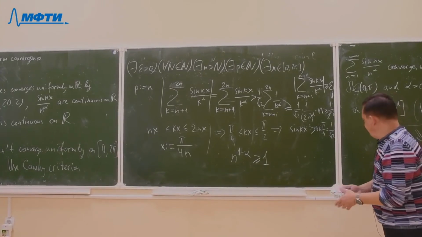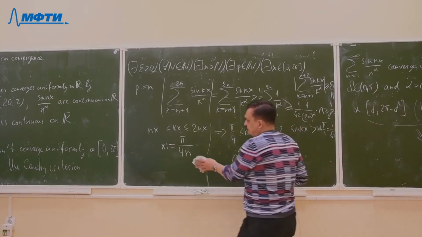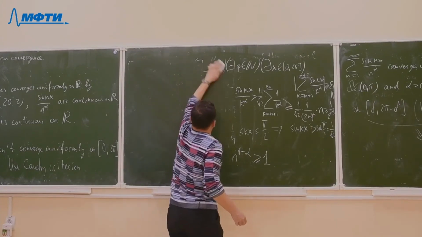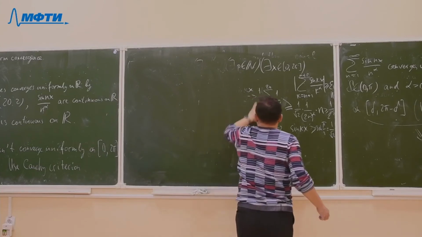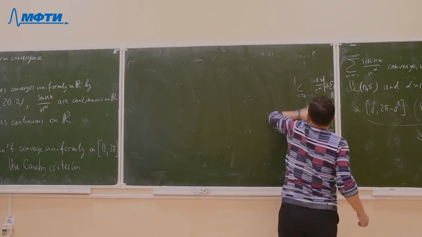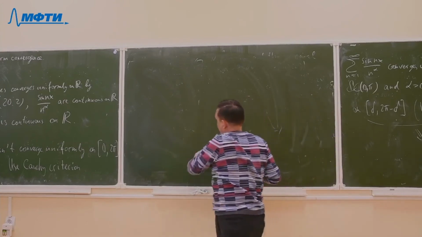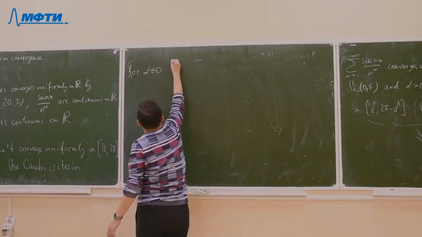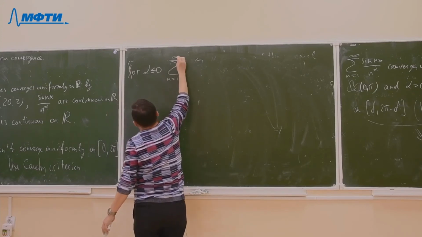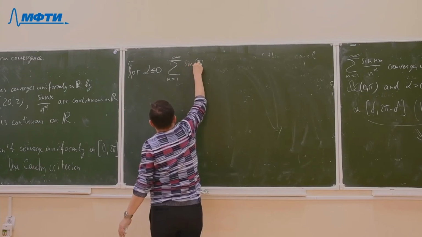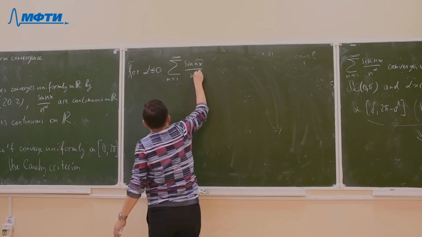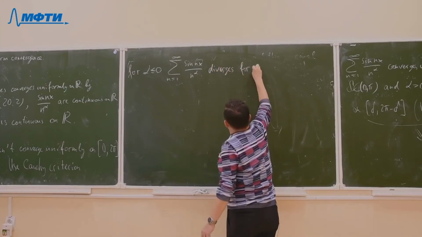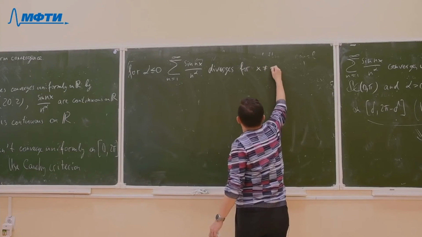And in fact, for alpha less or equal to 0, we don't need to proceed with uniform convergence. Why? So for alpha less or equal to 0, the series diverges for x not equal to πk.